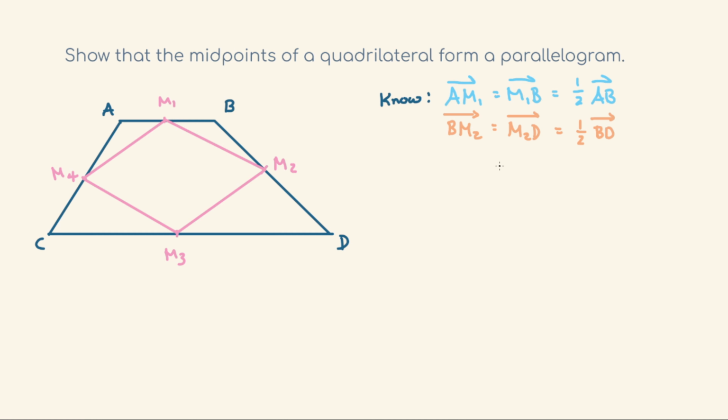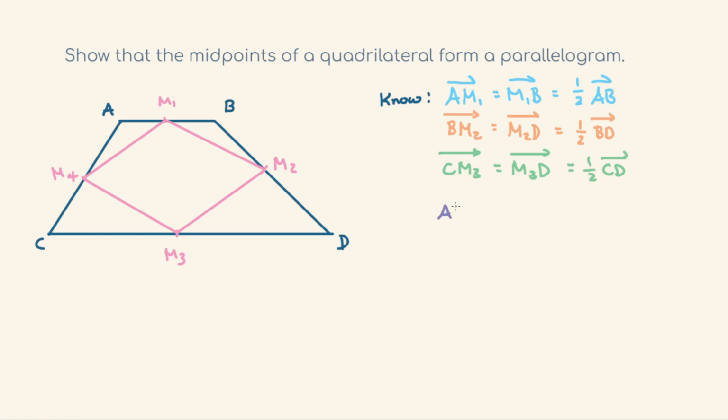Now we can do the same thing for this bottom side here. So C to M3 is the same vector as M3 to D, which are each half of this total vector from C to D. So CM3 is equal to M3 to D, and they're both equal to half of that vector C to D. And last but not least, on this left side, we can say the same thing.